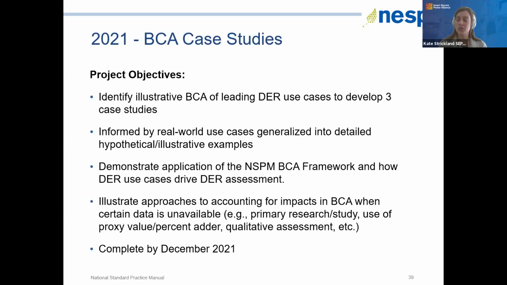The project objective, which is running this year and aims to be completed by December, is to identify illustrative benefit cost analysis of leading DER use cases to develop three additional case studies. We are going to be informed by real world use cases, but generalized into more detailed illustrative examples that really demonstrate the application of the NSPM BCA framework and how DER use cases drive DER assessment. And Julie, if you want to move to the next slide.